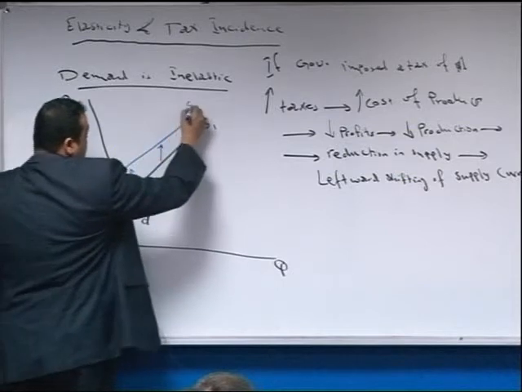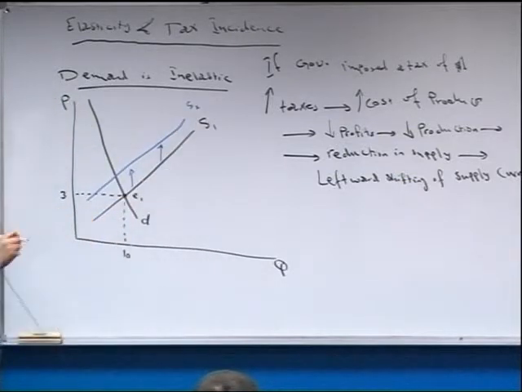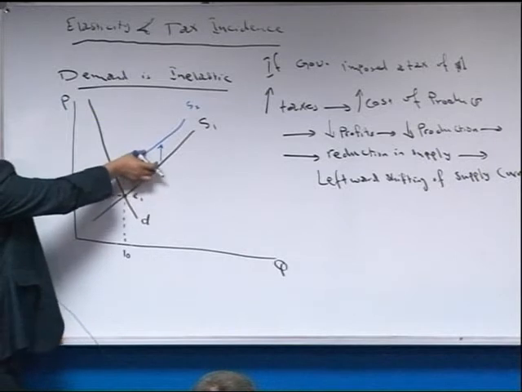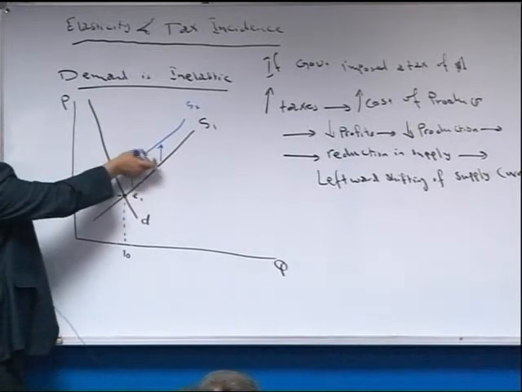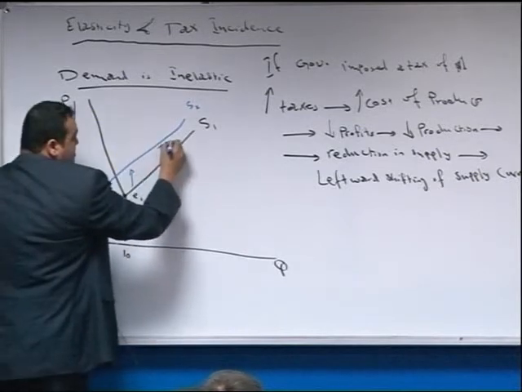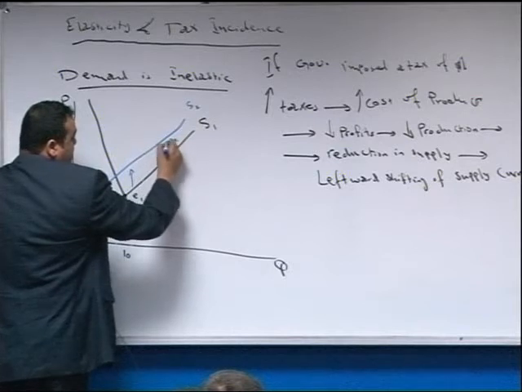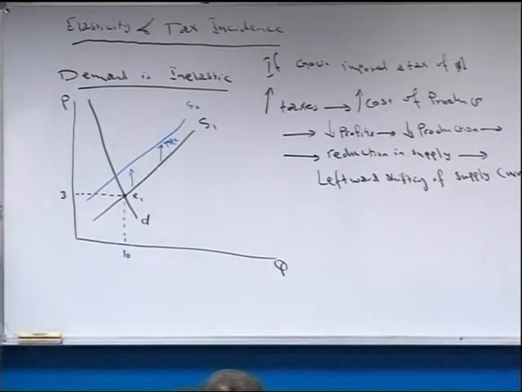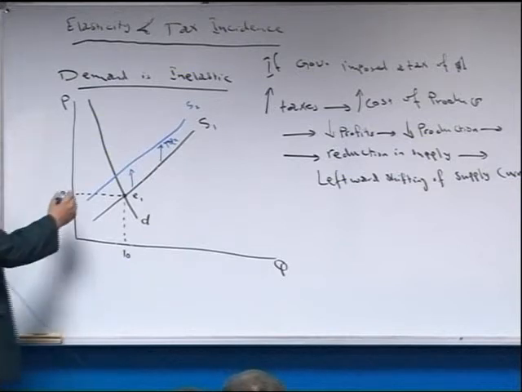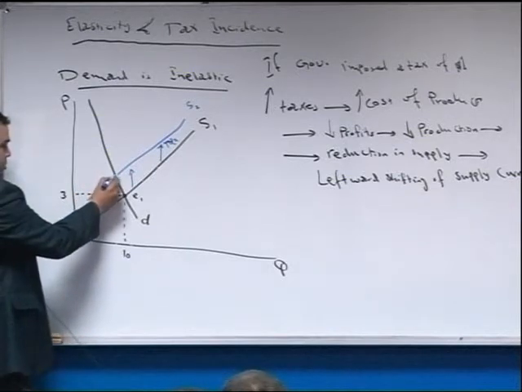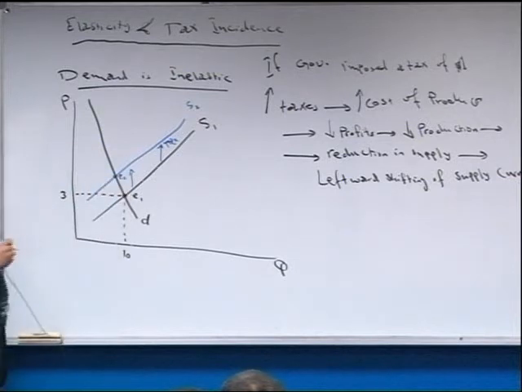This is S2, right? And this is the value of tax. From S1 to S2, this is the tax, the value of tax. It's the value of $1, right? So there is a new equilibrium point, which is E2, right?